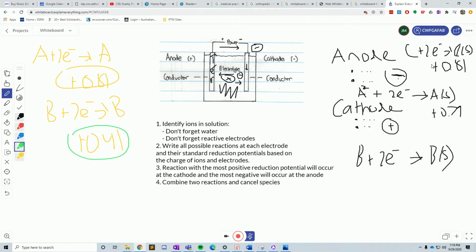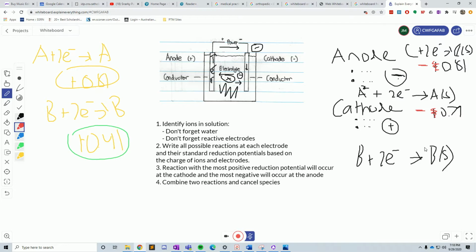So at the anode, oxidation is occurring, so we must flip these equations that you've listed for the anode, and that would become negative, and since the second one, A, is less negative, it will want to occur. So out of A and C, A will occur at the anode because its standard potential is less negative.